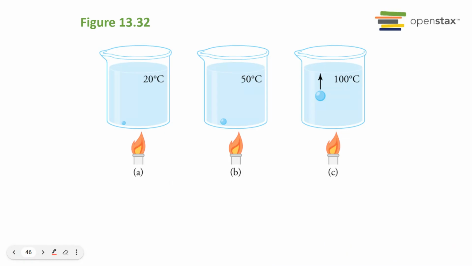So I'm going to boil some water. What they're saying here is that there's a little air bubble in figure A where it starts out saturated with the water vapor at 20 degrees Celsius. As the temperature rises, the water vapor enters the bubble because the vapor pressure increases.